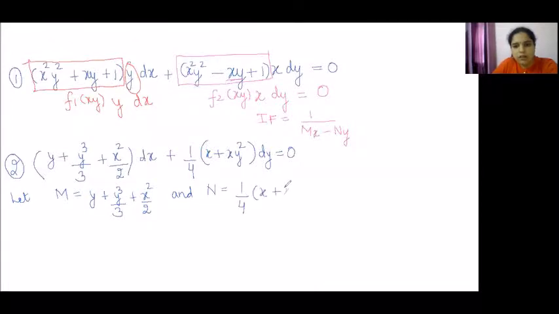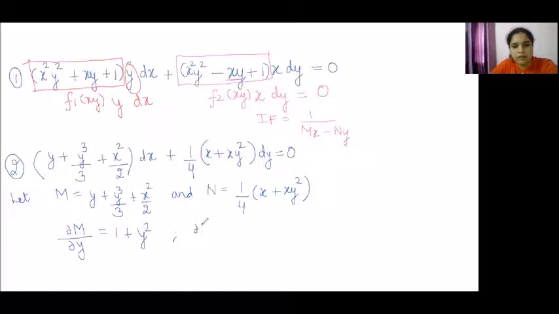I am not solving these problems here. We are just discussing which rule will be used. Now let us evaluate the partial derivatives which are used in rule 3. Those partial derivatives are del m by del y. Del m by del y will be 1 plus y square.